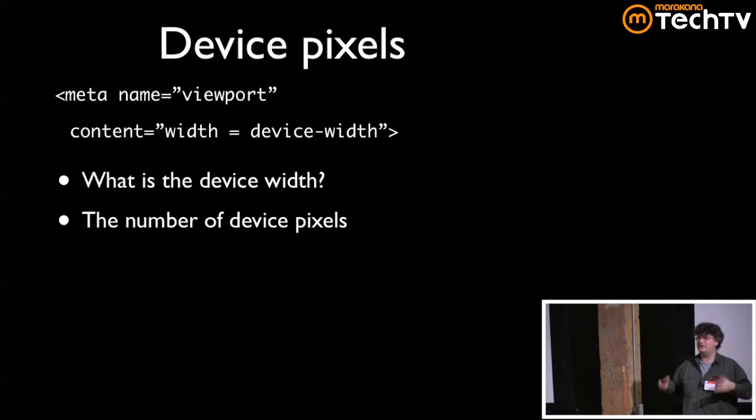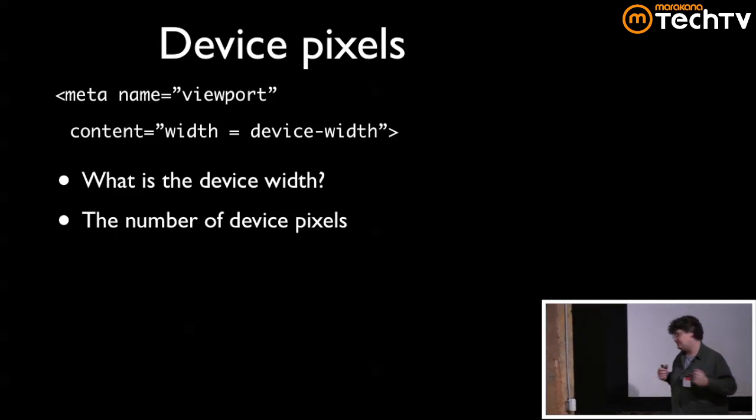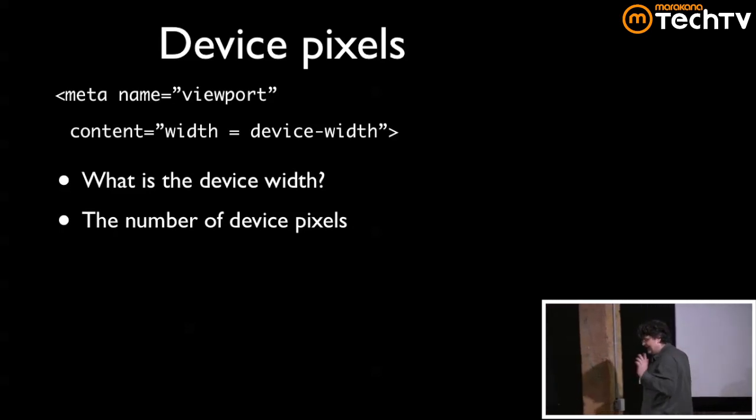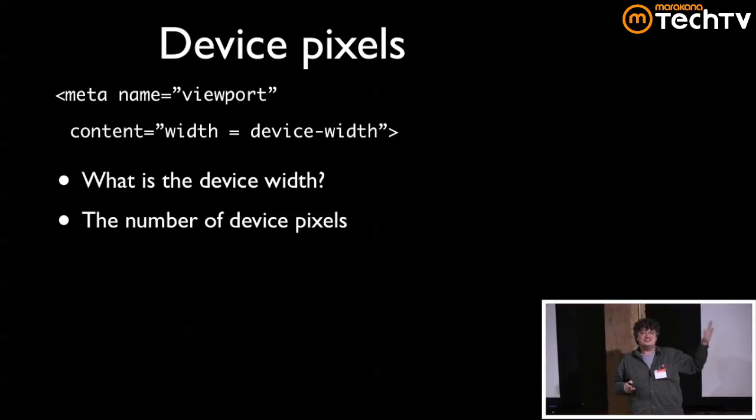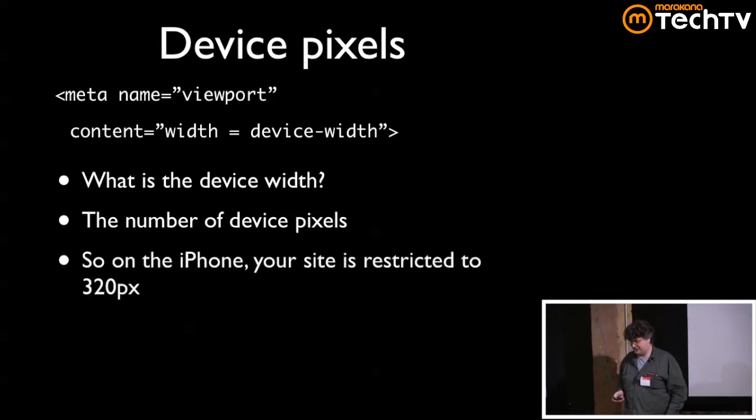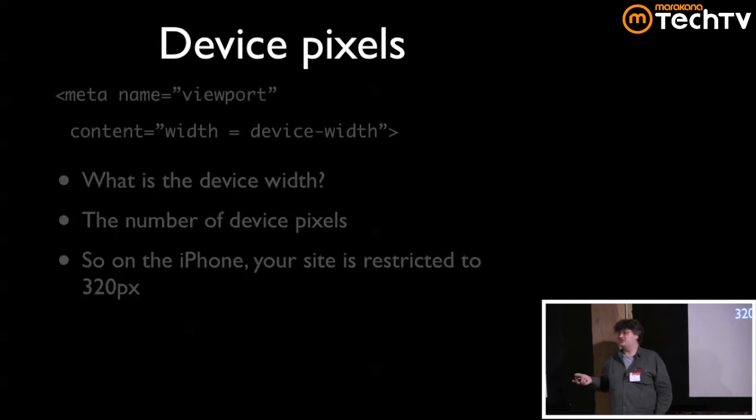And in the case of the iPhone, that means it has to be 320 pixels wide, but I've also seen phones that work better with a 240, etc., etc. In any case, up until 2 years ago or so, this was directly related to the number of device pixels. So on the iPhone, your site is restricted to 320 pixels.